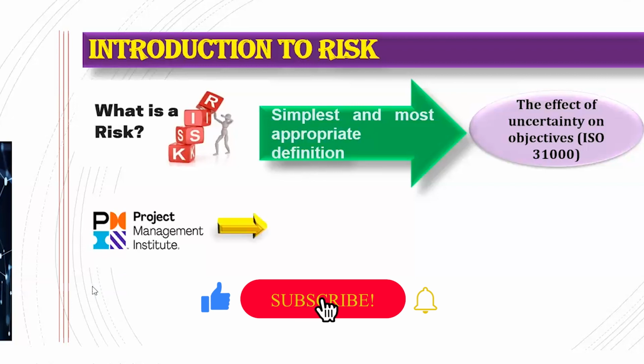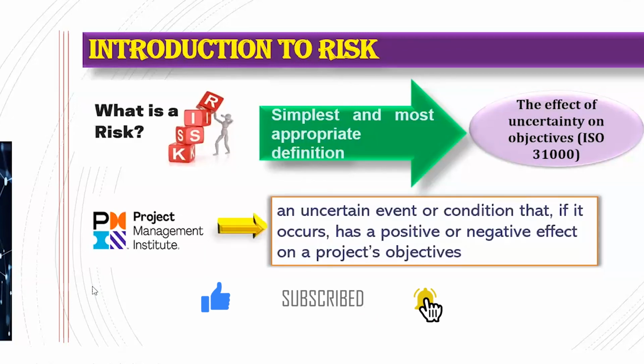So what do we talk about when we, as project managers, talk about risk? The PMI, the Project Management Institute, the premier institute for project management the world over, defines risk as an uncertain event or condition that, if it occurs, has a positive or negative effect on project objectives. So risks have both positive and negative effects.